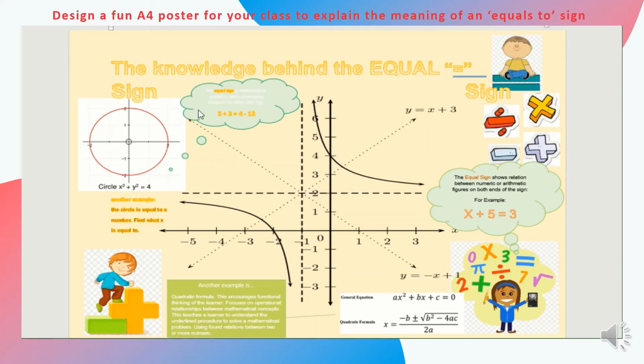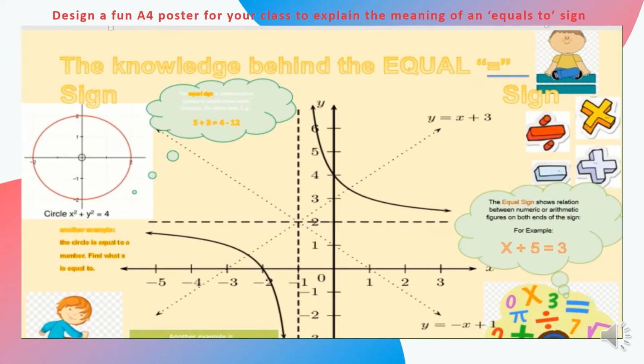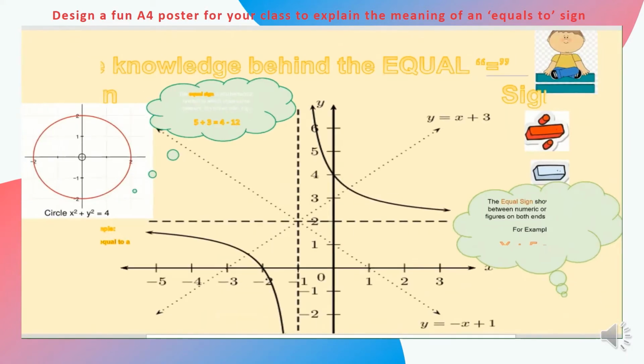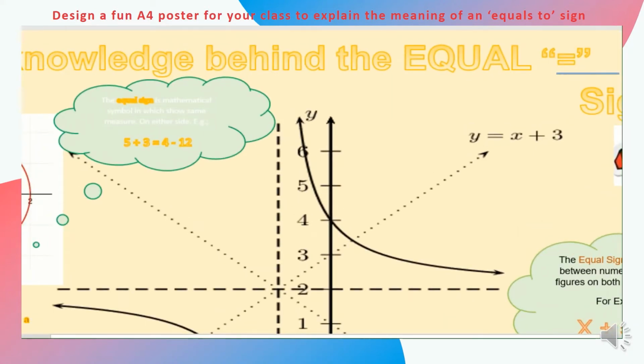The equal sign, let's get that a bit closer because it seems too far. There we go. The equal sign is a mathematic symbol which shows the same measure on either side of the equal sign.